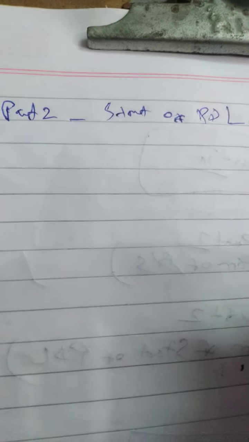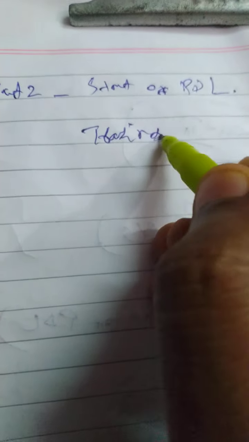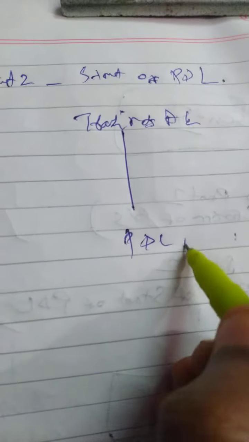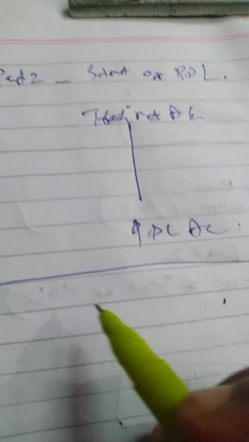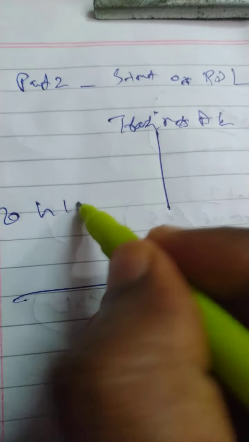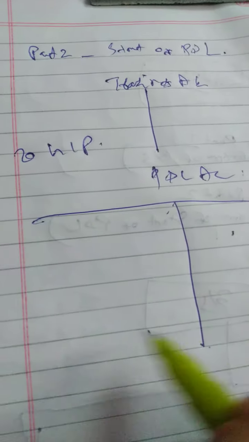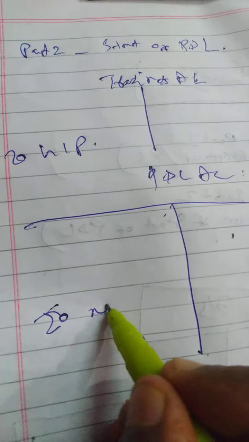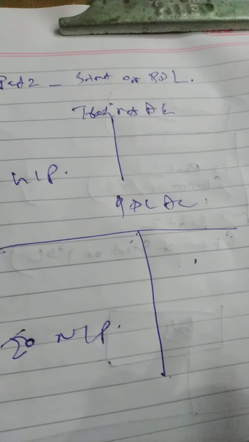Okay, so in our old days we used to prepare trading account, P&L account. Gross profit we will get, finally here we will get net profit, correct?